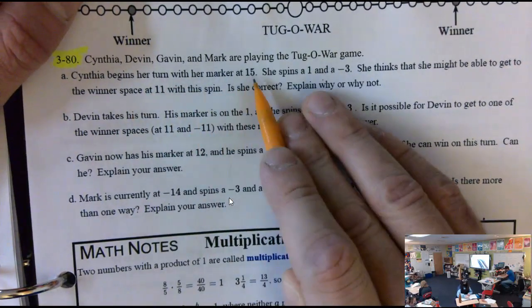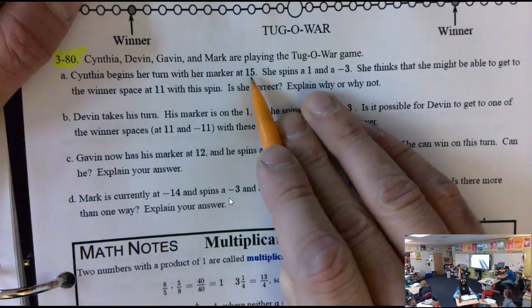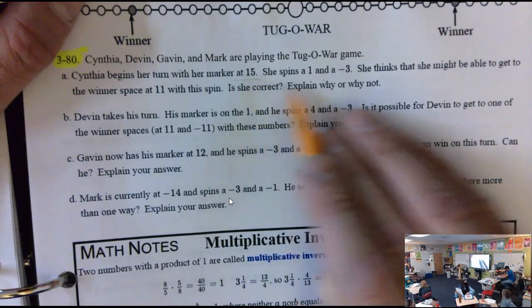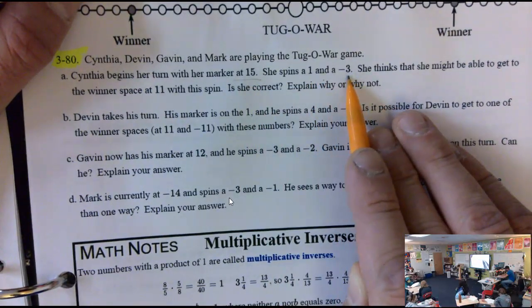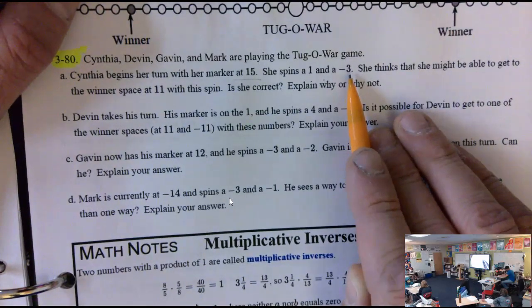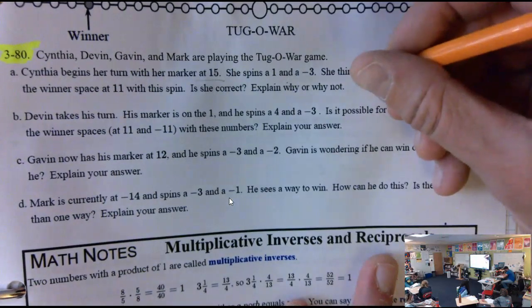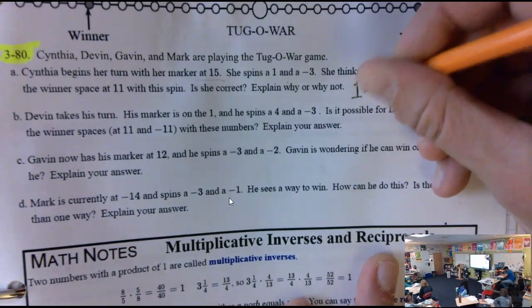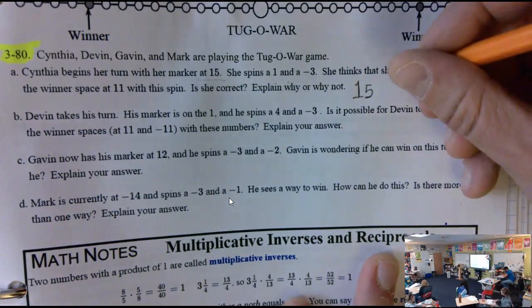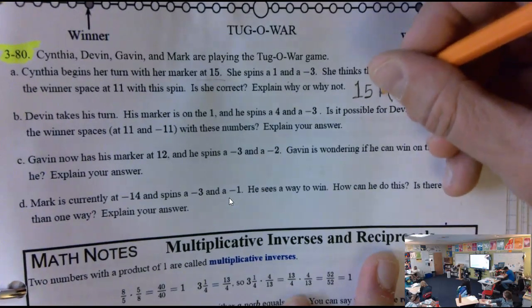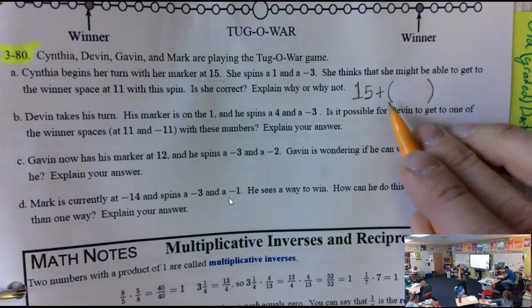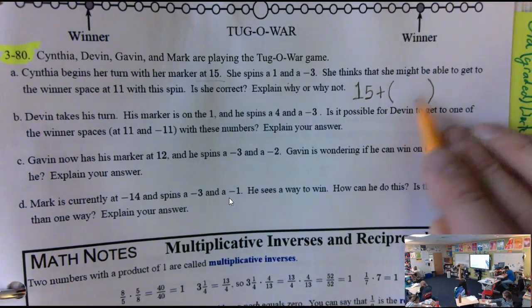So Cynthia's at 15. Oh, no. Cynthia's at 15. She spins a 1 and a -3. She thinks she might be able to get to 11 with this. So what we're going to write down is 15 right here on your paper. And then, how could she add the combination of those?